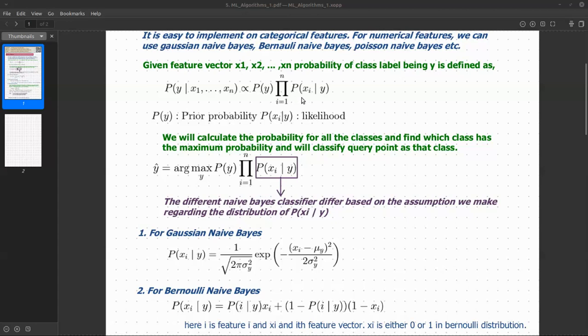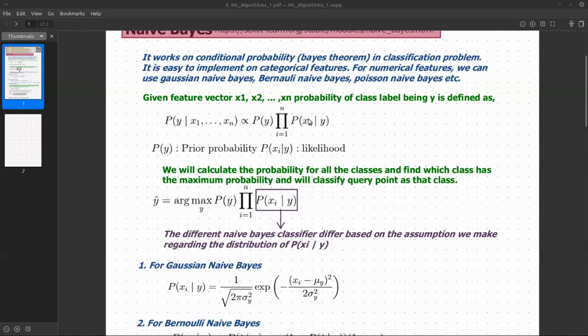And this likelihood probability, or you can say the distribution of xi, or this feature value, is different. So the formula for the probability of xi given y can be different, depending on the distribution of xi.